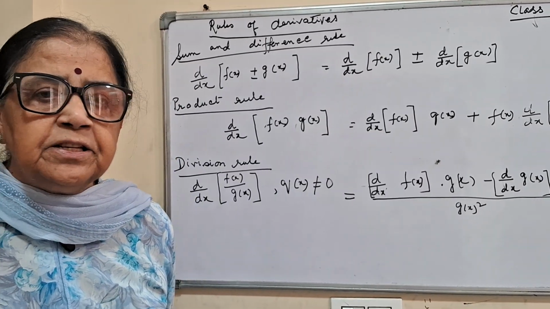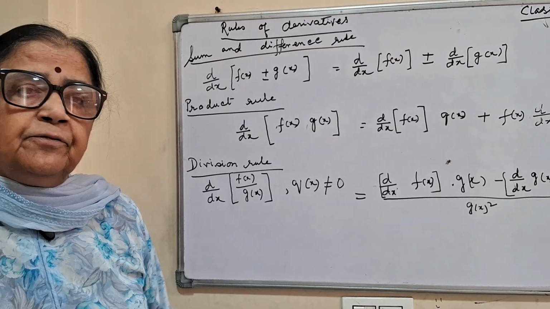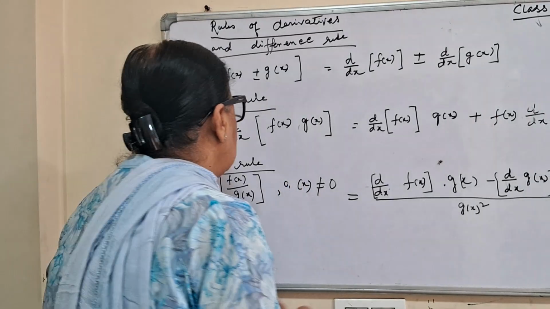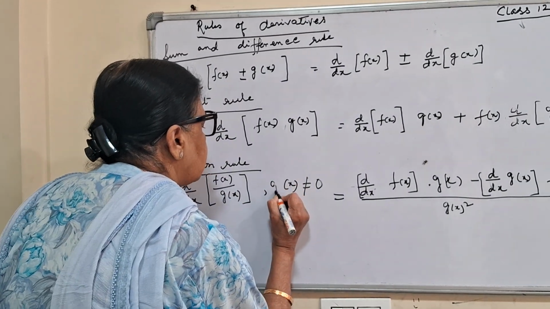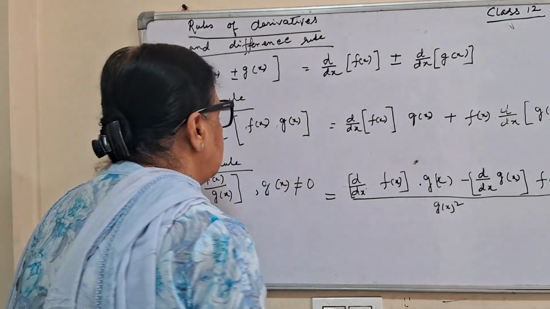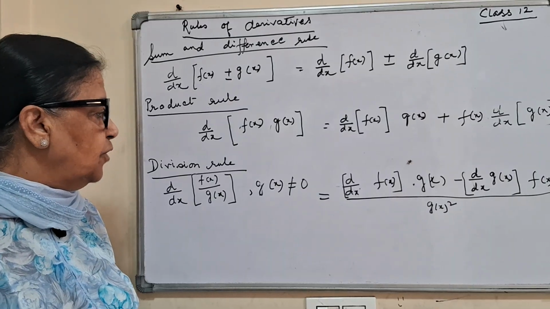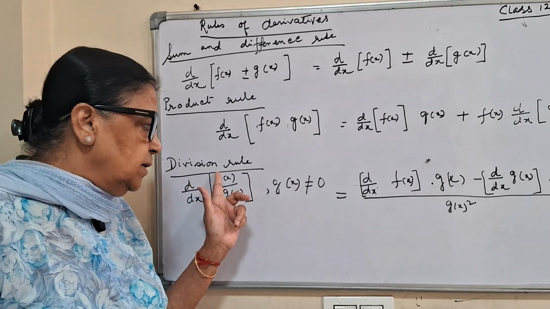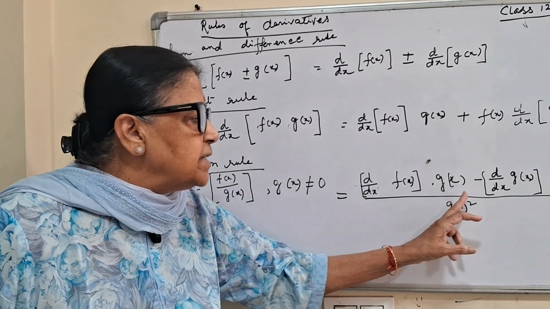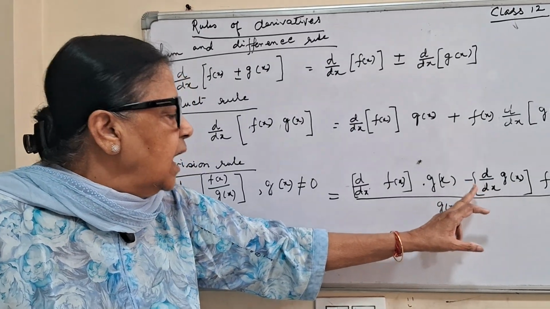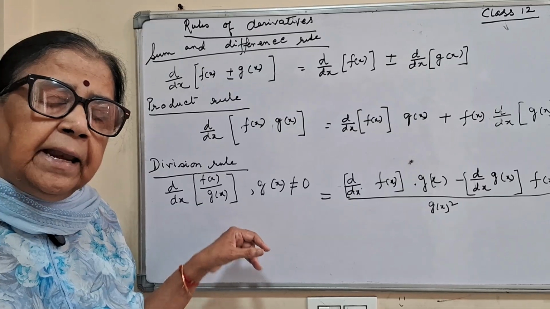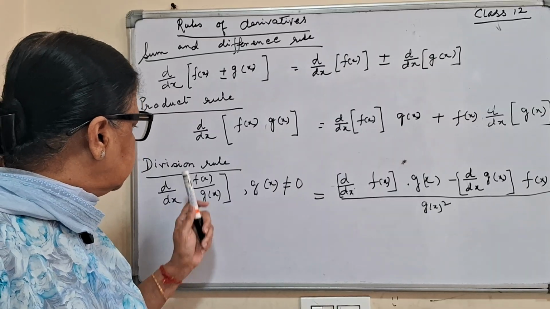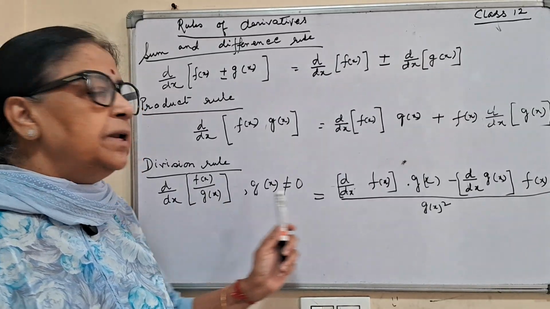If f(x) and g(x) are continuous, then only we can find the derivative. d/dx of f(x) by g(x), where g(x) is not equal to 0, that is, it is not a zero function, will be: first we find the derivative of the numerator and keep the denominator as it is, minus the derivative of the denominator and keep the numerator as it is, divided by the denominator whole square.